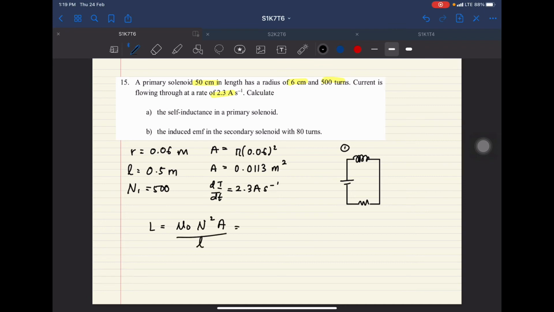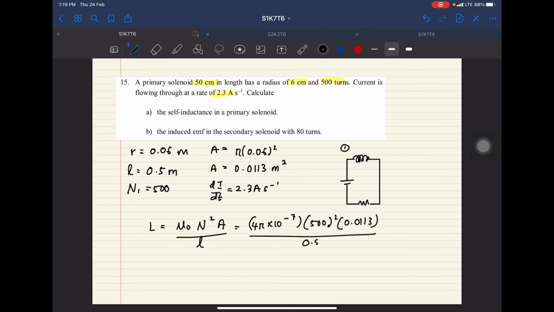L equals mu naught N square A over L, if mutual inductance N multiplied by N, and then still A over L. Okay, so the formulas are very similar. Mu naught is 4 pi times 10 negative 7. N is 500 square multiplied by the area there, 0.0113. Okay, make sure your N got square there.